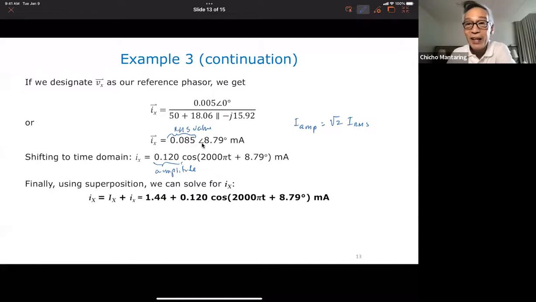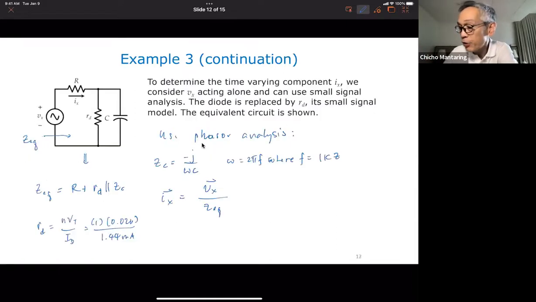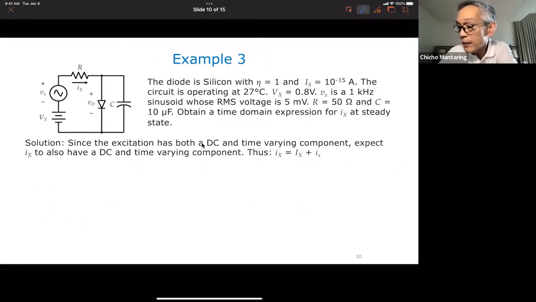Medyo nakakatakot ba? But this is just one particular problem. My point here is I just wanted to show you that to analyze this circuit, you can do it by splitting the problem into two: one analyzing the DC component, and the other analyzing the time varying component.